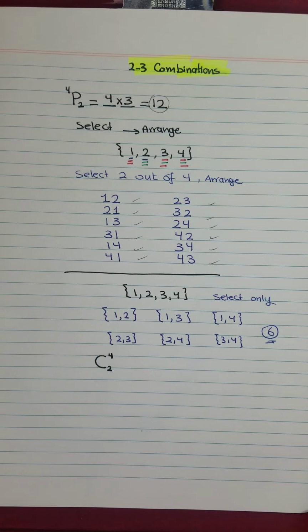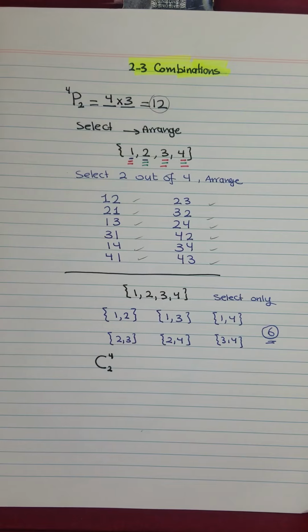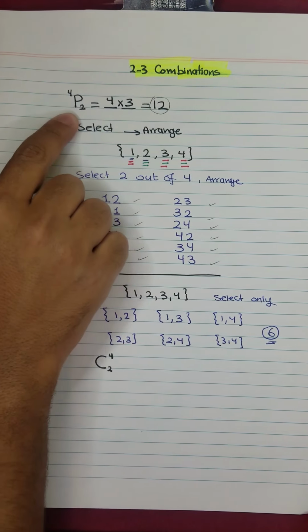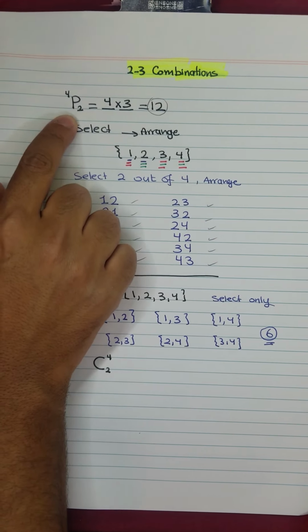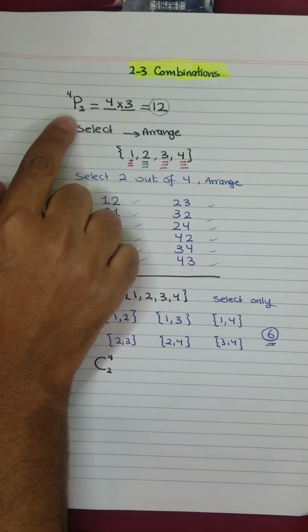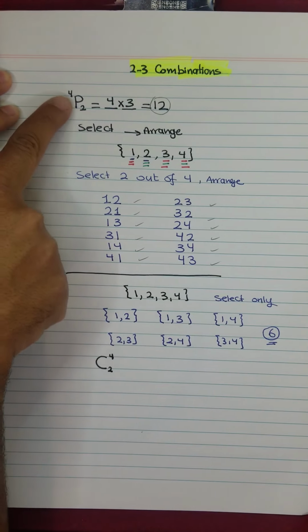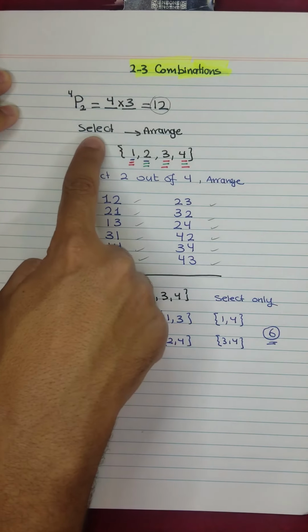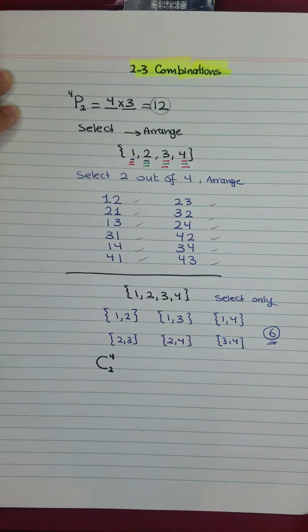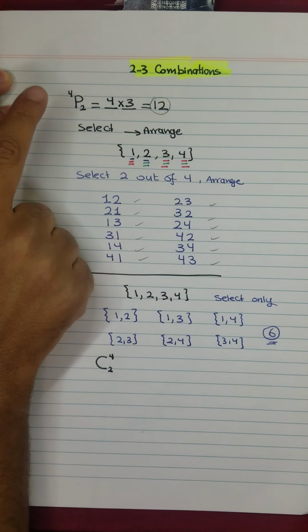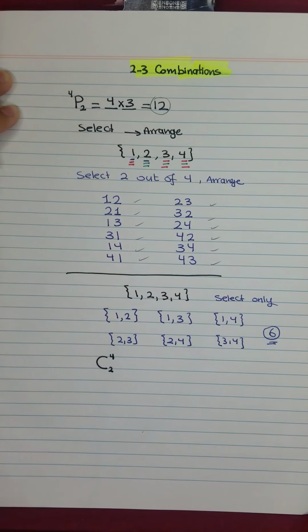Okay, so guys, look at this. In the previous one, the permutation of 4 and 2 elements means in how many ways can we select 2 elements and then arrange them. So we want to select and then arrange. How many different arrangements can we get, okay? So this is called the permutation. In permutation, we both select and arrange.